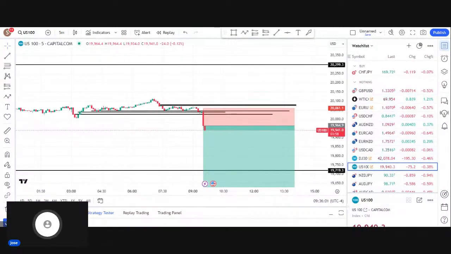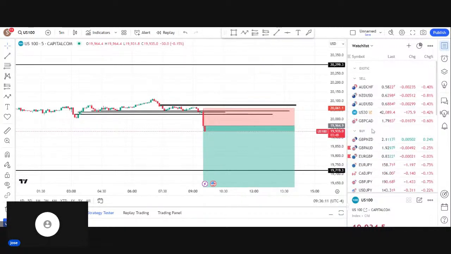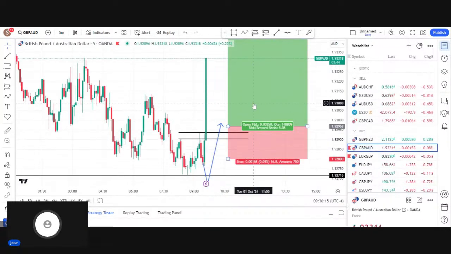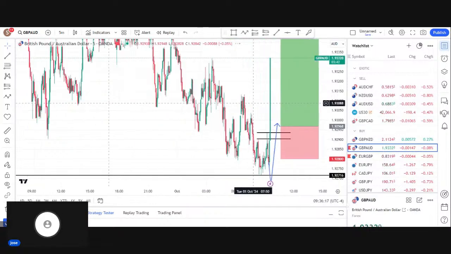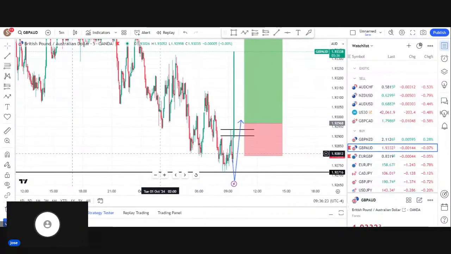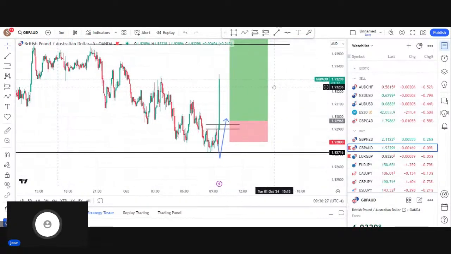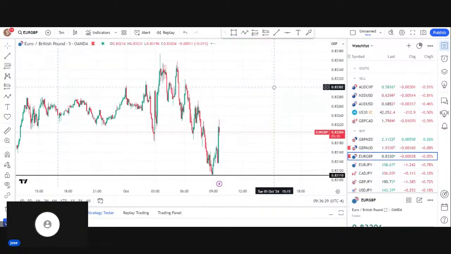Right now, I don't have any open trades. We are just looking at the market, seeing what's happening, enjoying the markets, but our setup has not yet formed. We are waiting for these two. Price has already started going in our direction, but we were waiting for price to clear liquidity first at the low of the week. It has not cleared the liquidity yet, so we are not trading that.